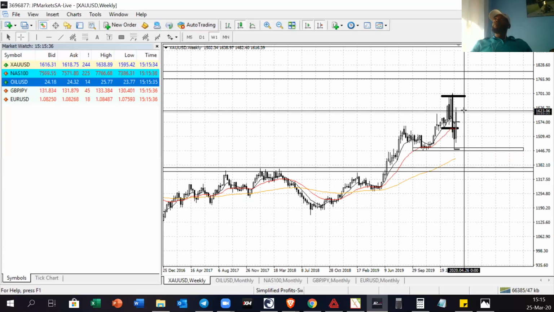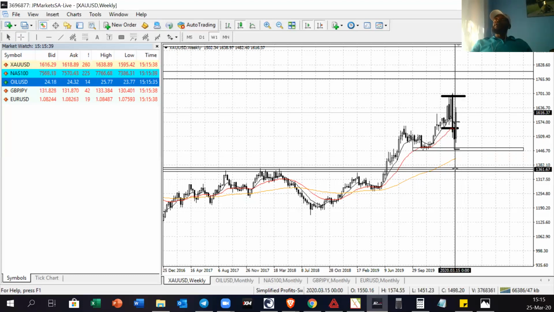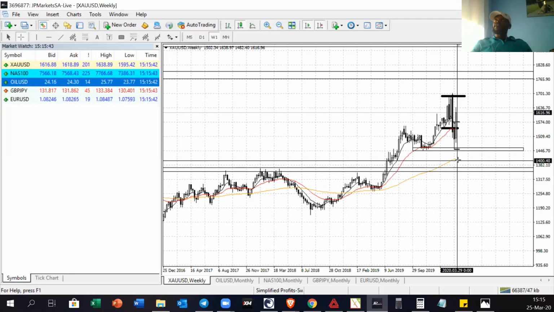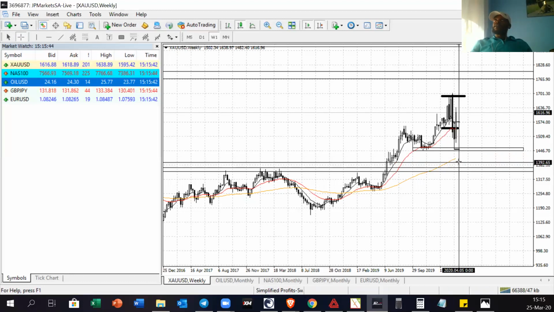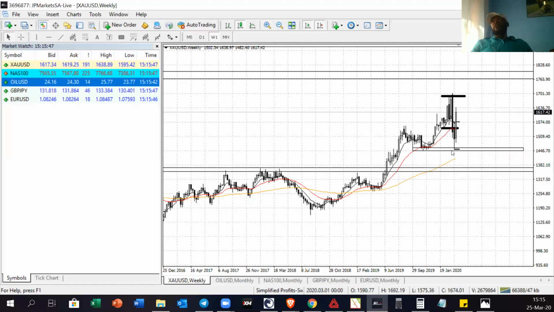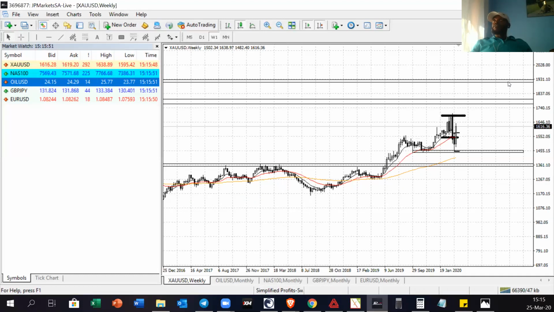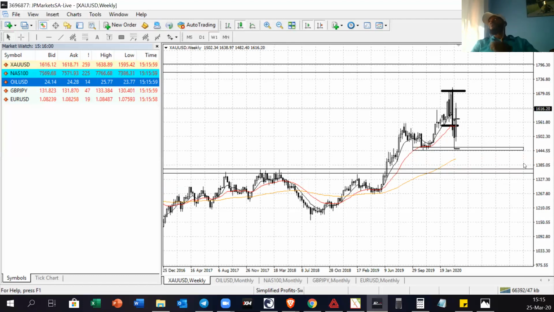And if you want to really be safe, keep your stop behind this moving average. Keep it down here. And you're good, man. Let this ride. You know that it has a potential of getting all the way up here. And that's great. Because that's a lot of meat on the bone, right?